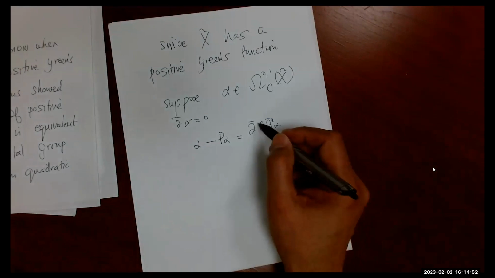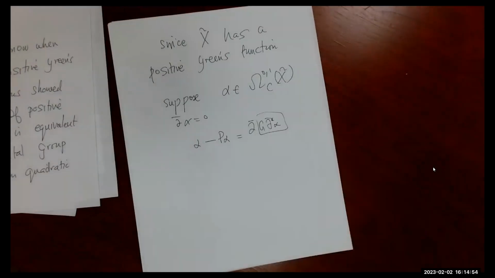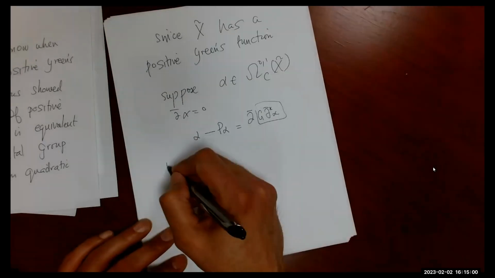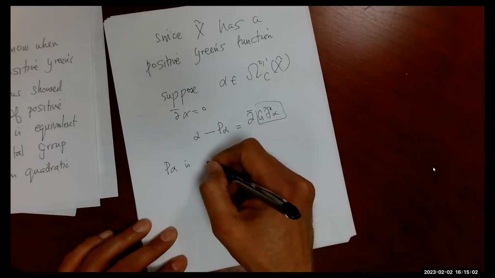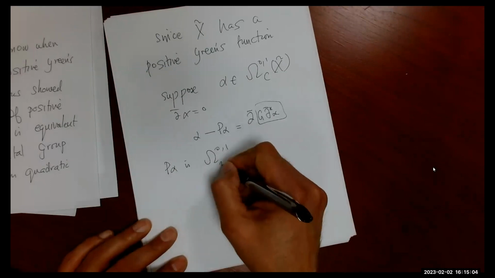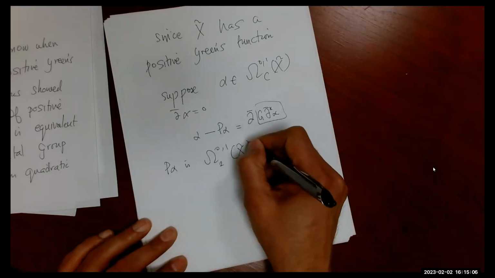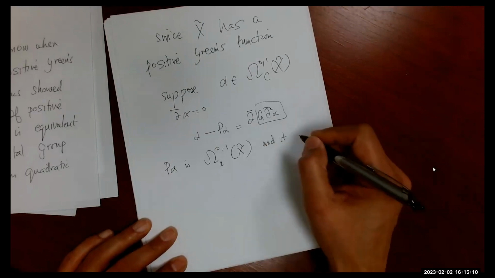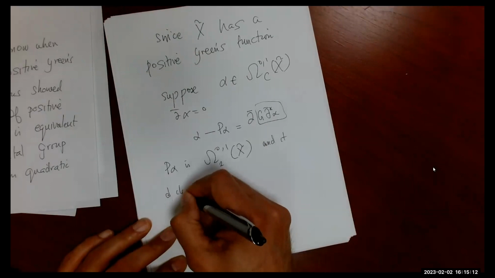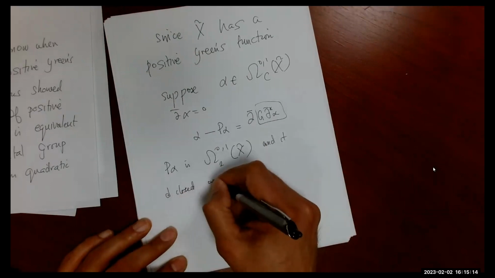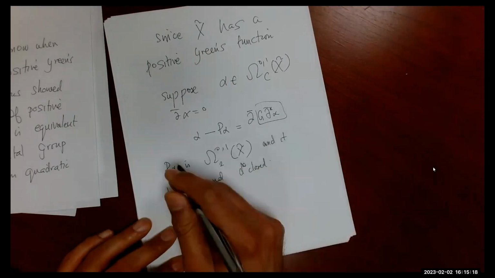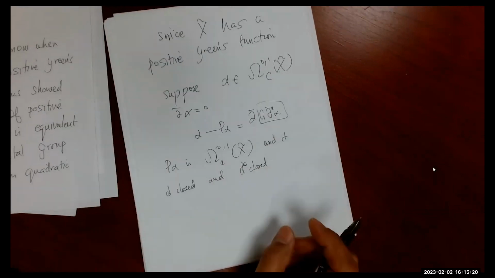So the issue is, of course, what does this mean? P alpha is a 0-1 L2 form on X twiddle, and it is D closed and D star closed. So in particular, it's an anti-holomorphic 0-1 form.